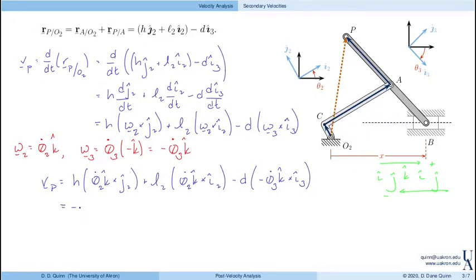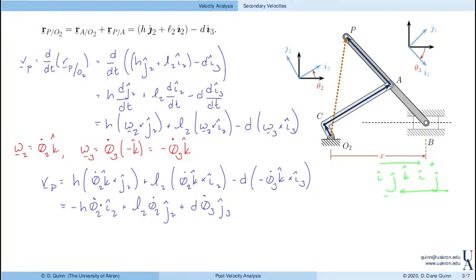So this first term becomes minus h theta 2 dot in the I2 direction. K cross I is theta 2 dot in the plus j2 direction. And then k cross I3, again, is j3. And these two negative signs cancel out, so we have plus d times theta 3 dot in the j3 direction.